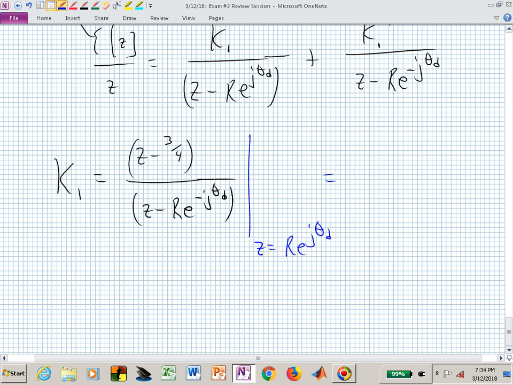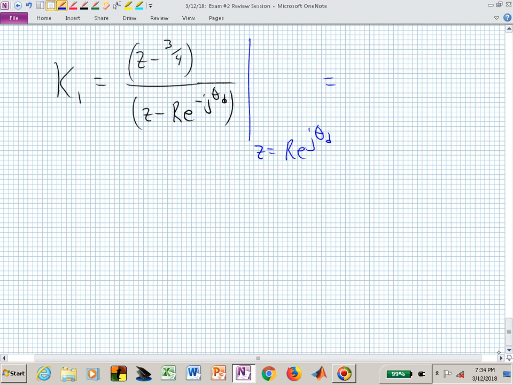Hopefully I've multiplied through by the correct factor, and now I come up with a complex number for K1. K1 is some K1 magnitude at some angle of K1.